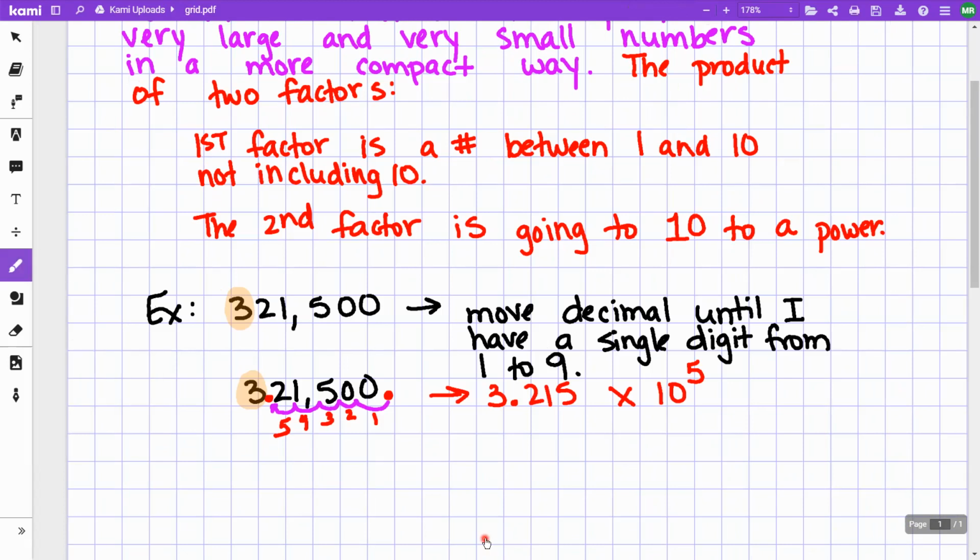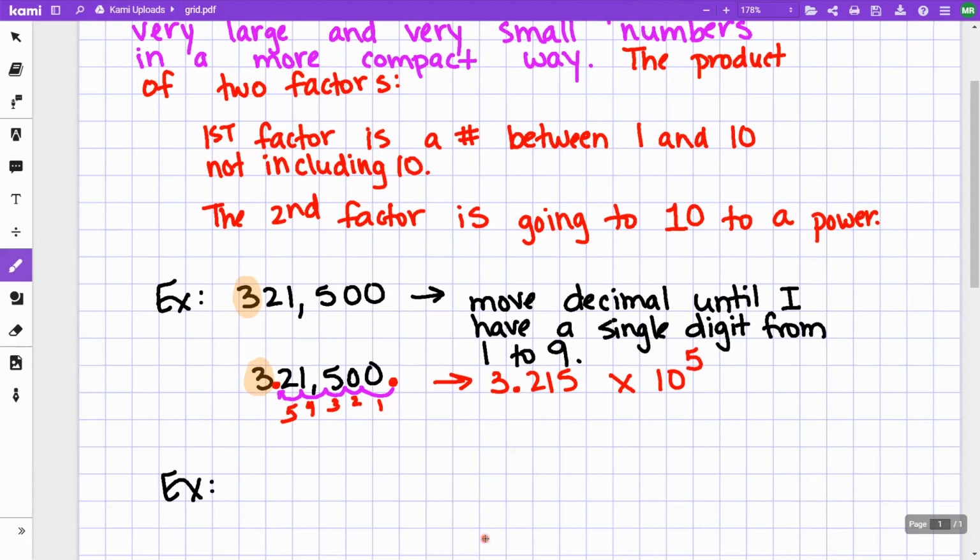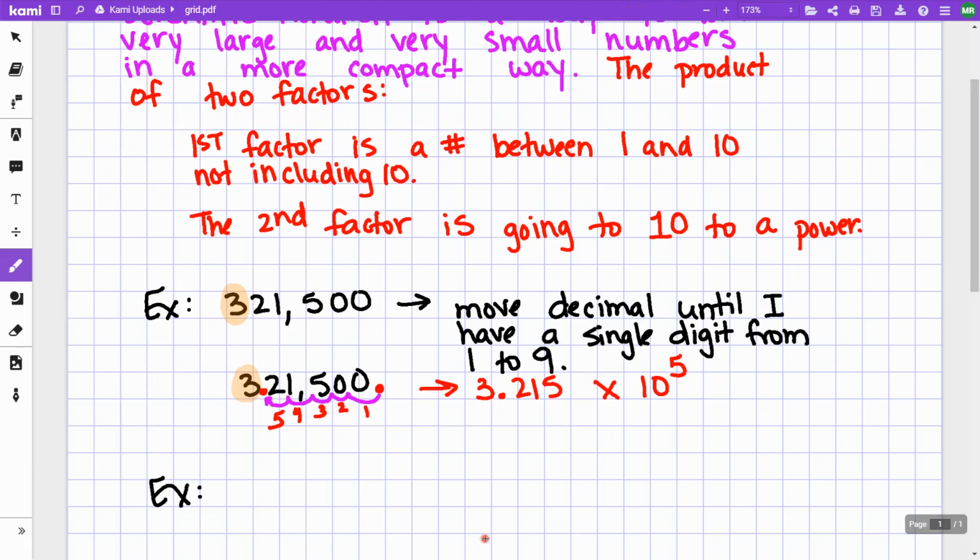So let's say, as an example, I maybe have a number that isn't really super big, but maybe super small. So let's say I have 0.0000123 as my example.